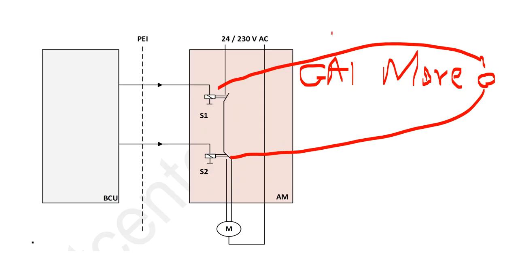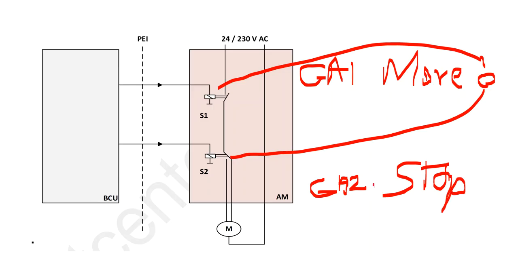One group address is for this, and group address number 2 is used for stop. It's for short operation. If you press stop, for sure S1 and S2 are open. They are not closed anymore.